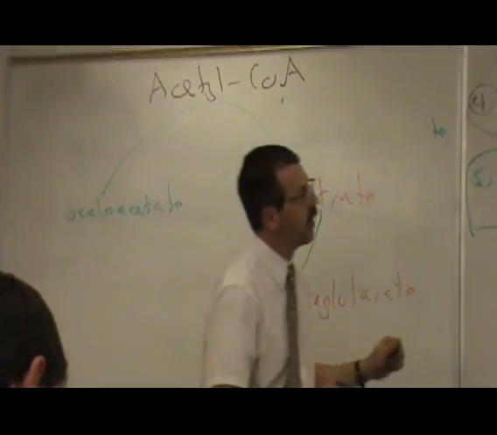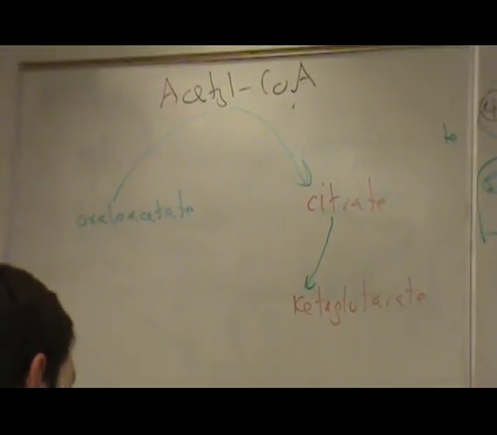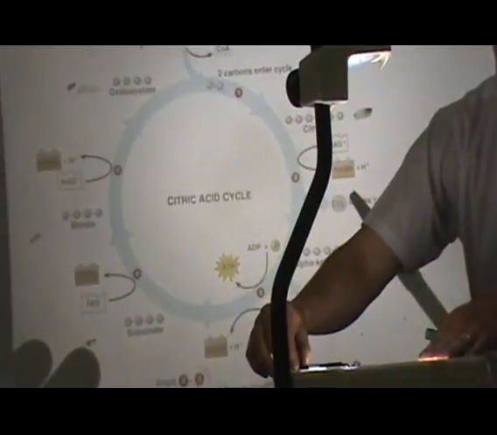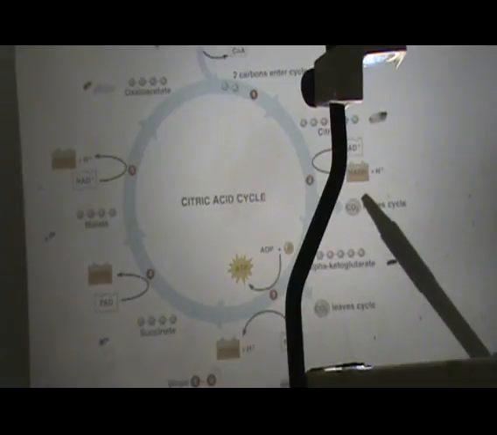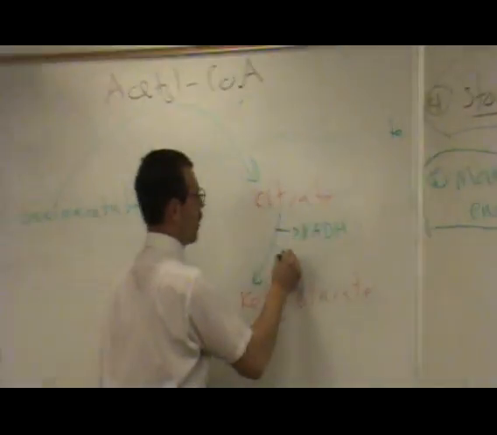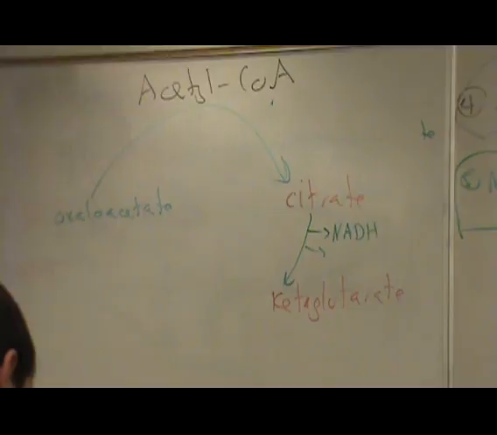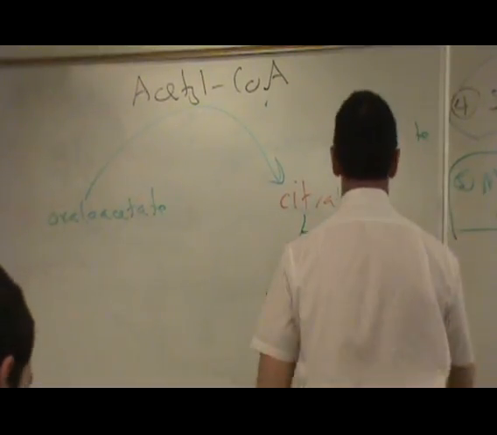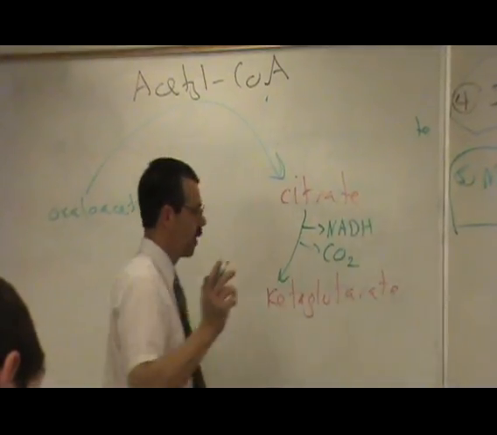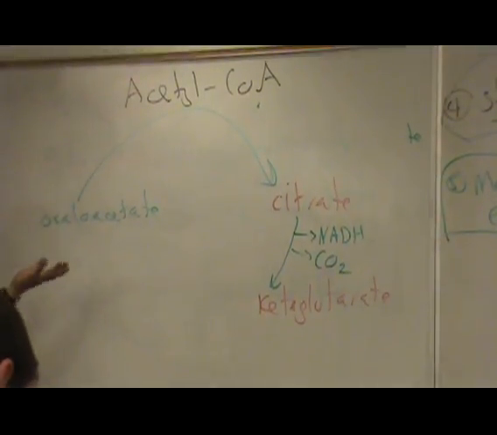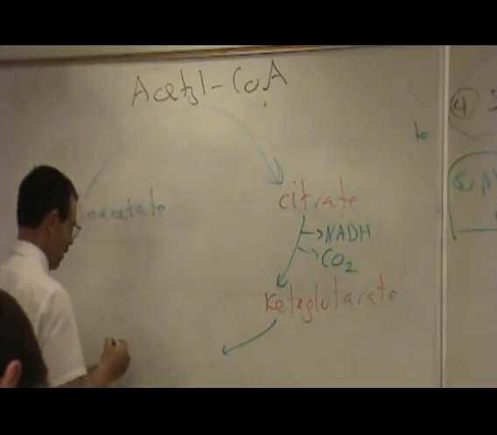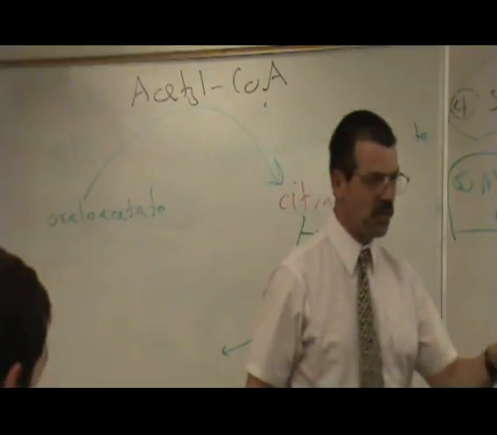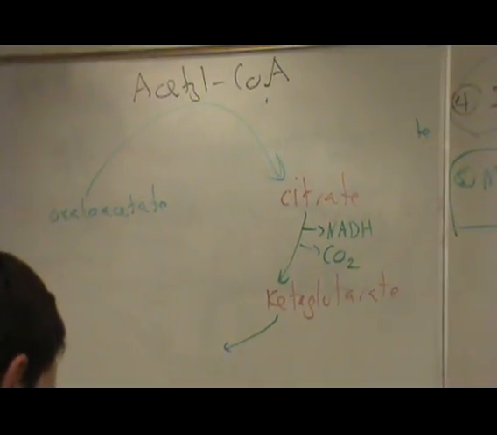I'm going to make NADH, and I'm going to make something else. What's just below my pen? CO2. And that's going to make ketoglutarate. Haven't lost you yet? Good. Okay. Ketoglutarate goes around, magic happens, and you're going to become succinate.